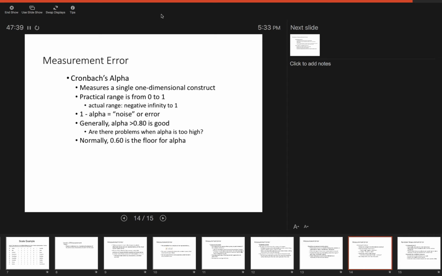How about alpha too high, red flag? I report an alpha of 0.999 on my communication apprehension measure. What does that tell you? There's not a lot of variance in the responses. Yeah, it's like everybody did 4, 4, 4, 4, or 3, 3, 3, 3, or 2, 2, 2. Right? It doesn't say anything about where the midpoint is, where the central tendency is.